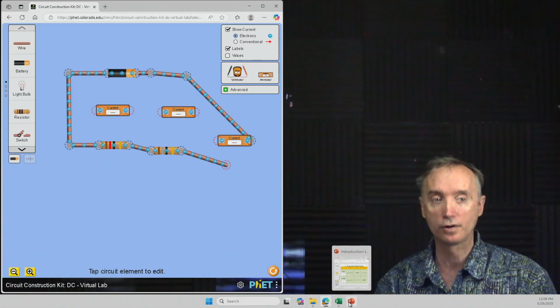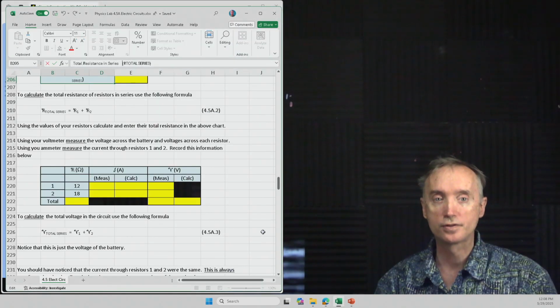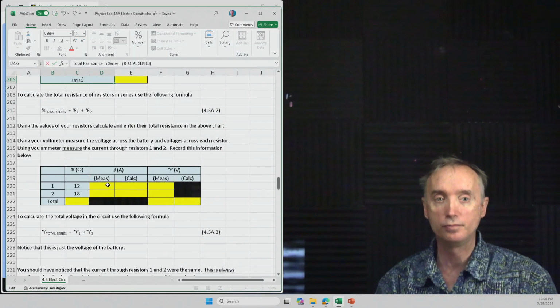Look at what the current values are. Then you're going to put those numbers here: the measured current going through resistor 1 and the measured current going through resistor 2. So put those numbers here.